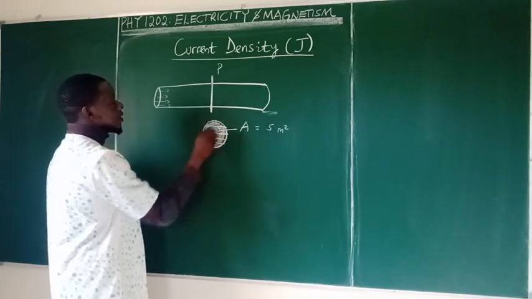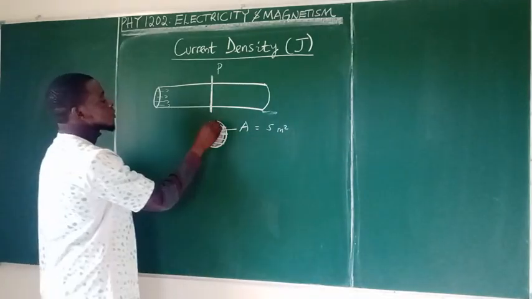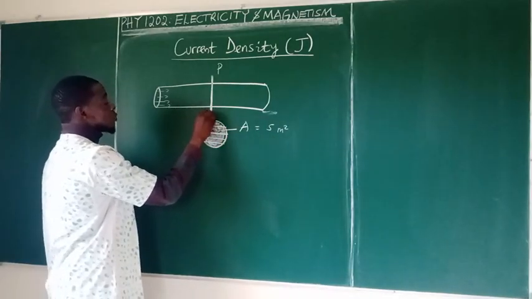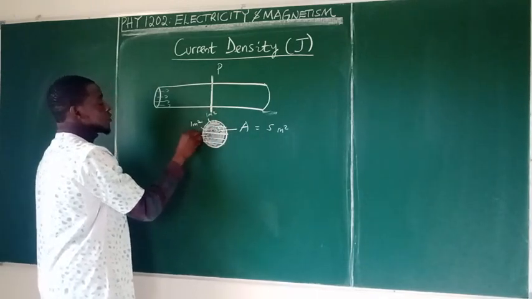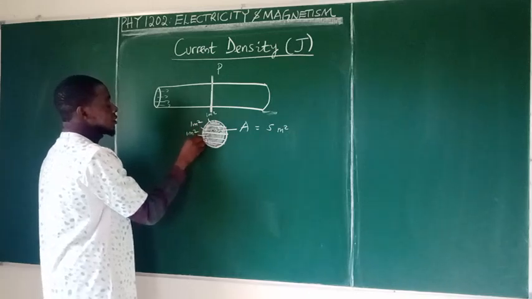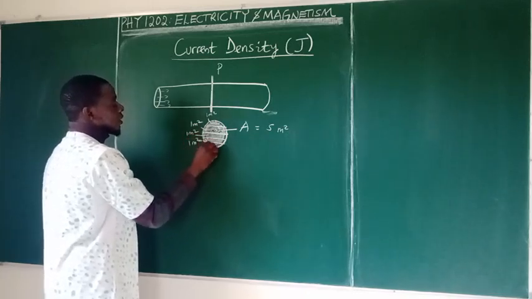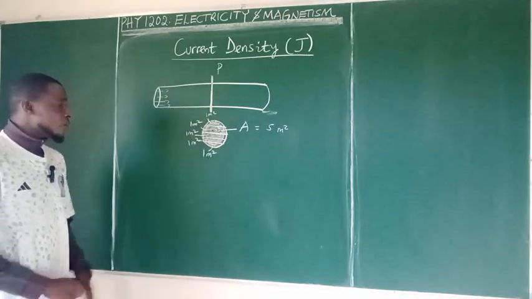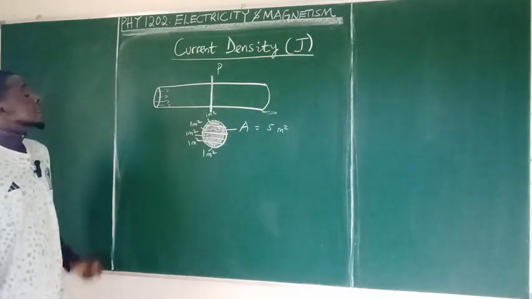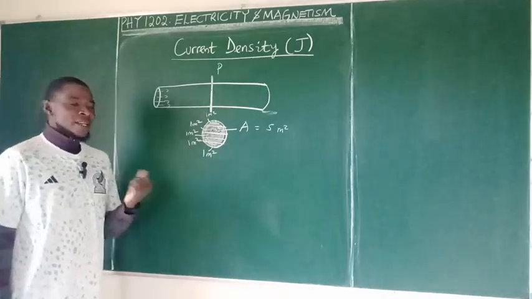Suppose I divided it into 5 equal parts so that each part here is 1 square meter. You see that? 1 square meter each.